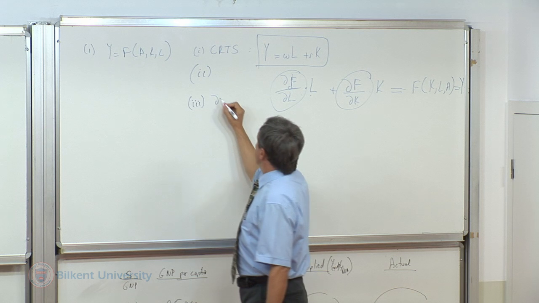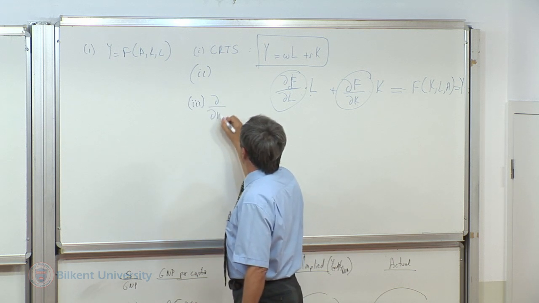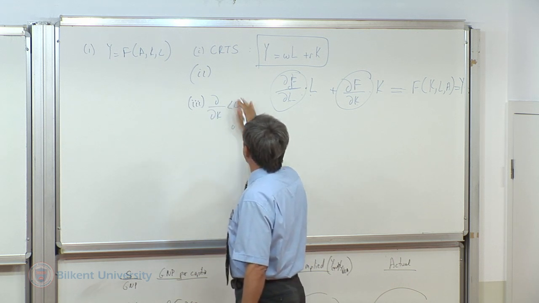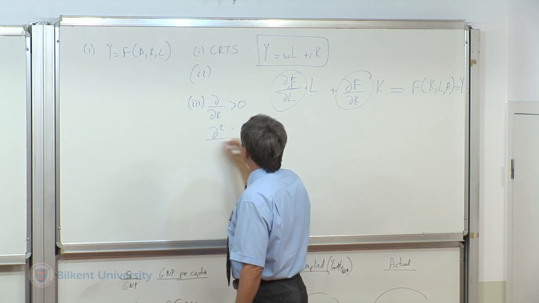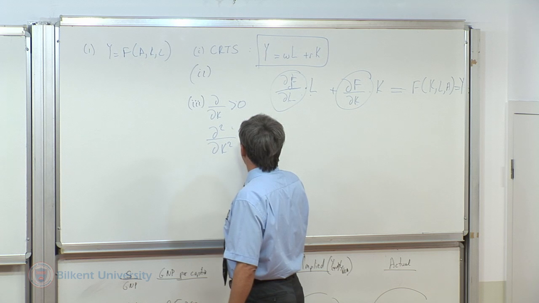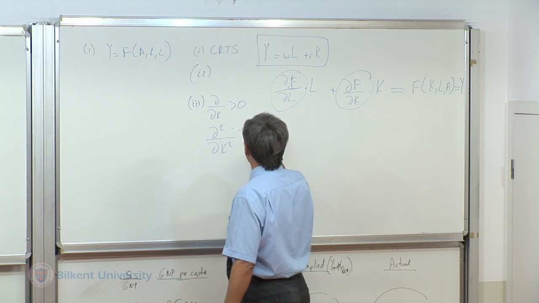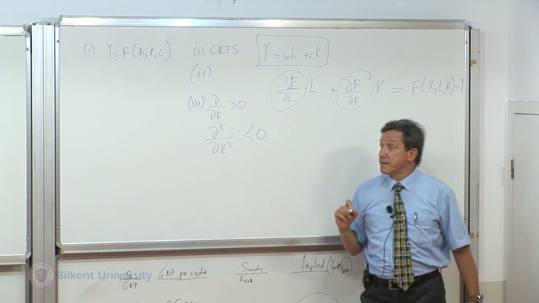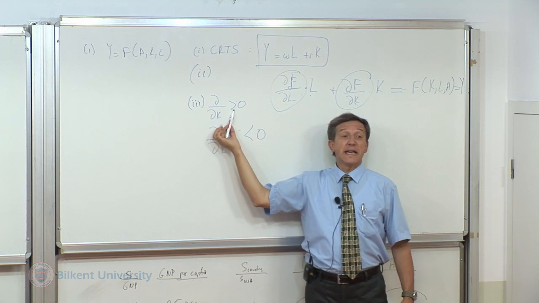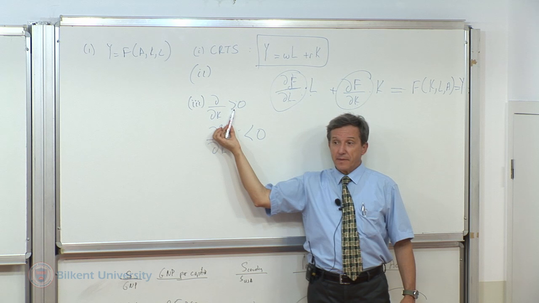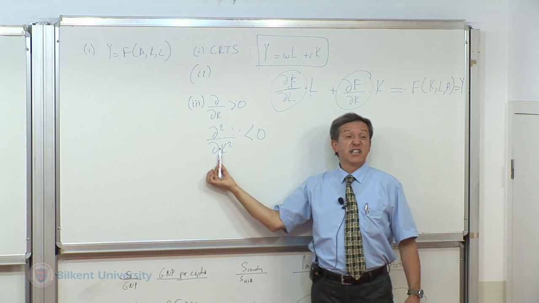That is, the first derivative is positive, but the second derivative should be negative. That is, marginal product should be increasing at a decreasing rate.